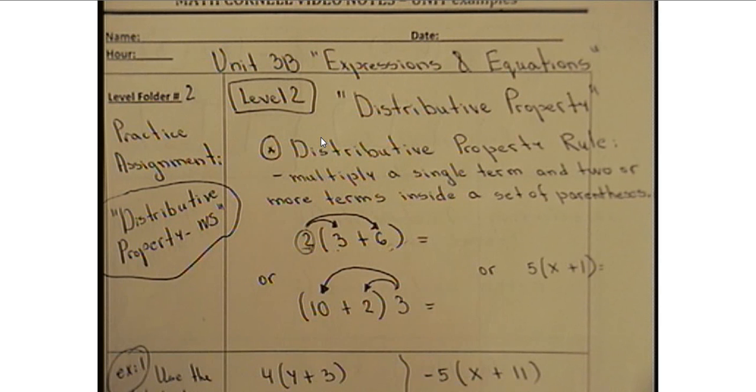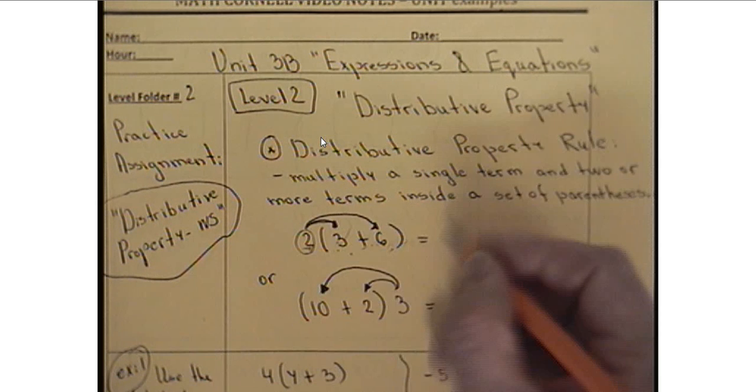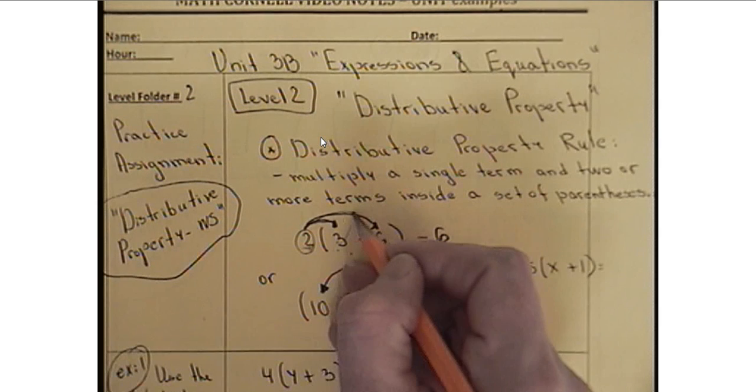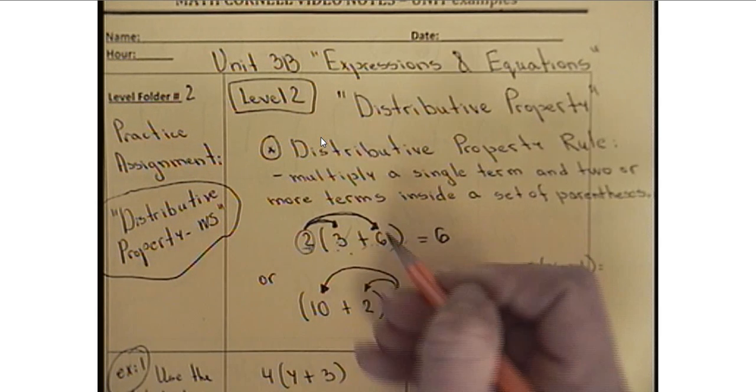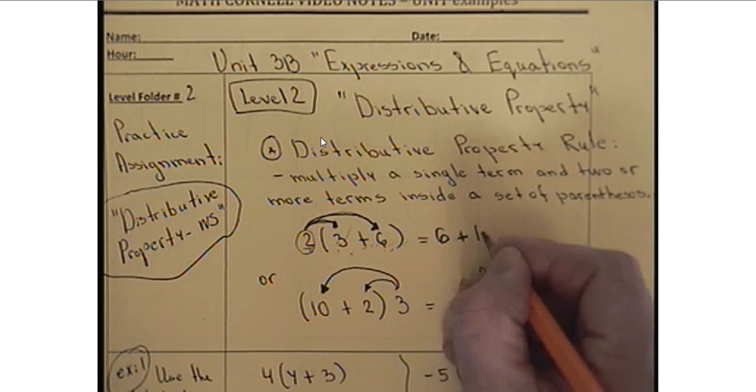A very common mistake is students multiply the first one and add the second one or just copy the second one. They forget that once you multiply here, for example 2 times 3, and you get 6, you have to multiply by the second number as well that is inside the parentheses. So 2 times 6 will be plus 12.